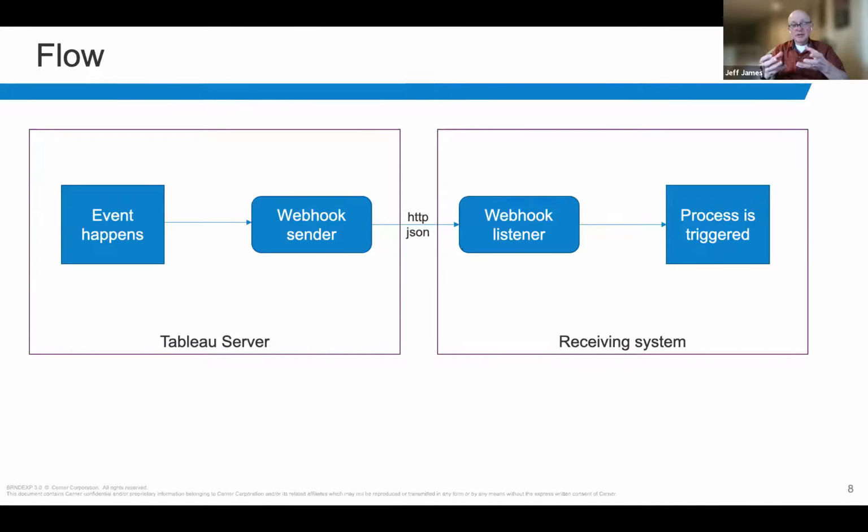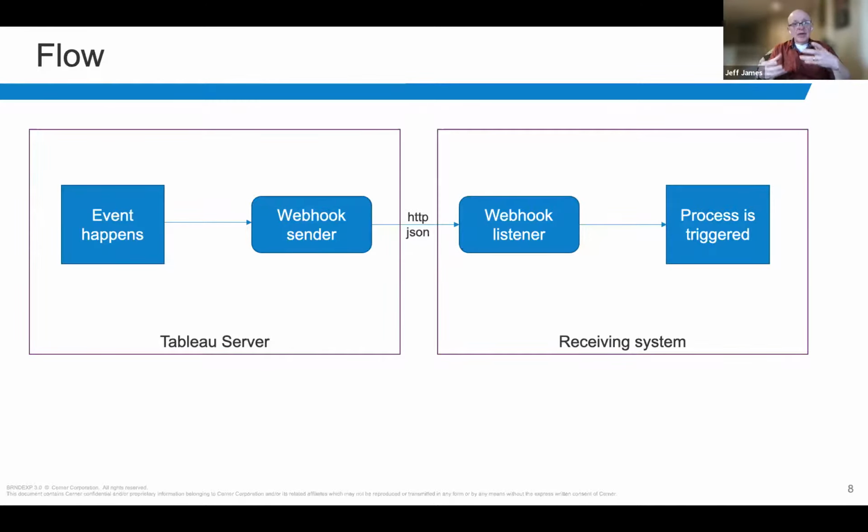I have a webhook for this. The destination address for that webhook message is this URL. So I'm going to send this JSON payload out to the listening system. The listening system gets the message, and based on the contents of that message, it knows that it has something to do.